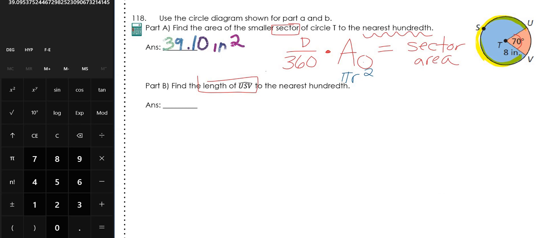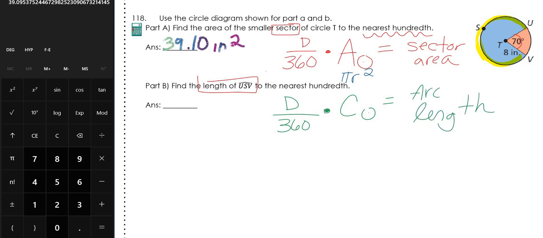Okay, so just like before, we're going to have a similar formula to find length of an arc. Now, to figure out the length of an arc, your formula is going to look like this. Degree measure over 360 times, in this case, since we're not talking about area, we're talking about length, you're going to multiply it by the circumference formula for the full circle. And that's going to give you arc length.